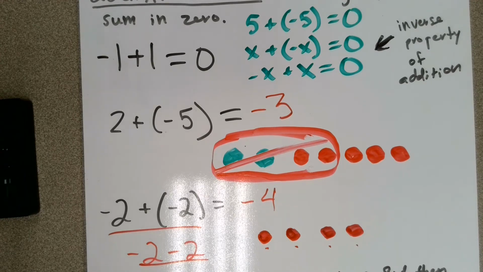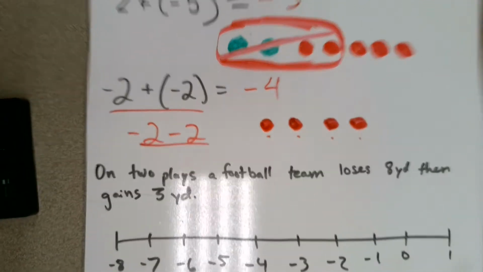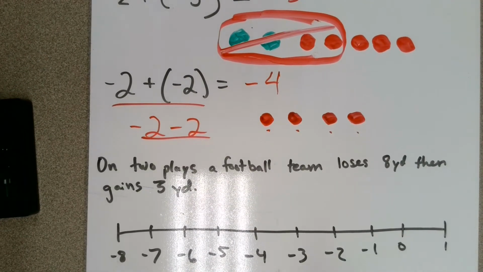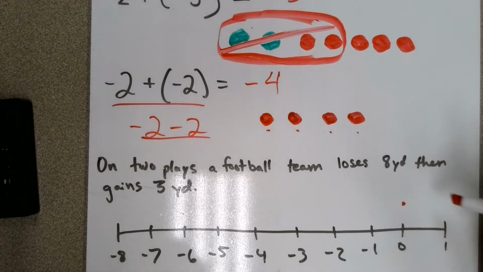All right, moving on to the next here. I've got this math problem. It says, on 2 plays, a football team loses 8 yards, then gains 3 yards. Right here, I have a little bit different model. I'm using a number line instead of these circles, but I'm doing the same idea. I'm starting at 0 right here, and I know that they lose 8 yards.